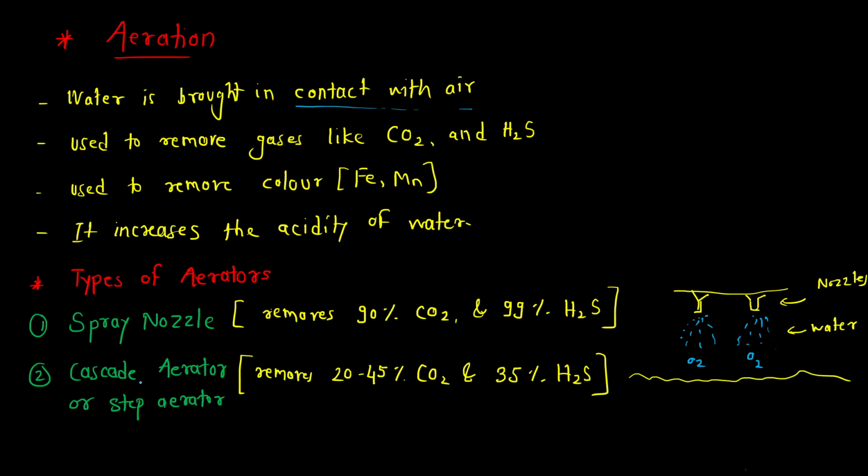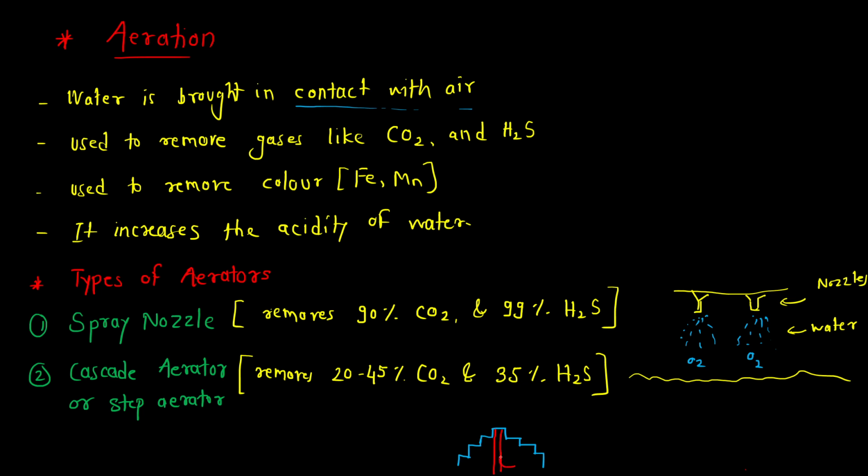However, in most water treatment plants, you will see this Cascade Aerator. You can visualize it like this. There are certain steps which are constructed, step by step. In this there is a pipe, or we can say there is one inlet.